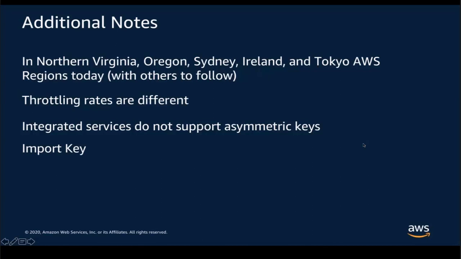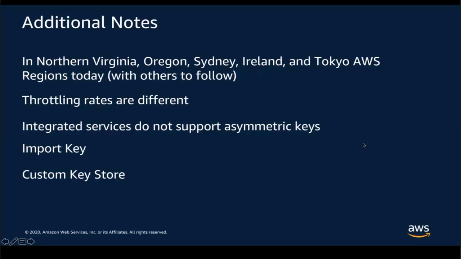Also, other features that are supported in the KMS service are import key. The option for you to bring your own key into KMS is not supported for asymmetric CMKs. And custom key stores is another feature that we launched that allows you to generate customer master keys in the AWS CloudHSM service.